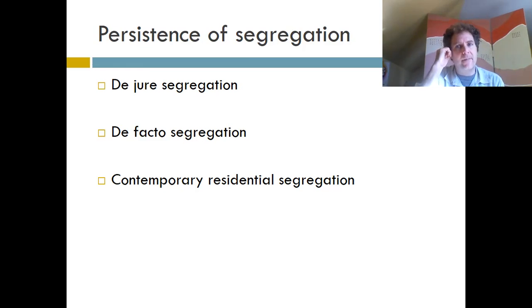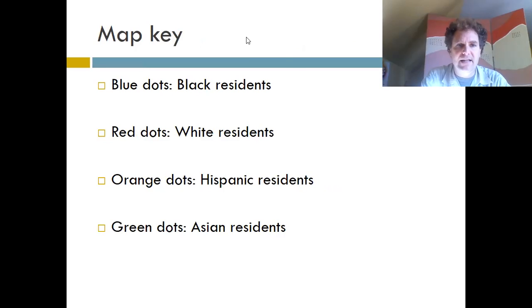One of the best examples of how segregation still exists in America is residential segregation, meaning that racial groups tend to continue to live in separate neighborhoods. One way we can see this is by looking at census data. The last census we have data for was done in 2010. We did another census this year in 2020, but 2010 is the last one we have data from in terms of race.